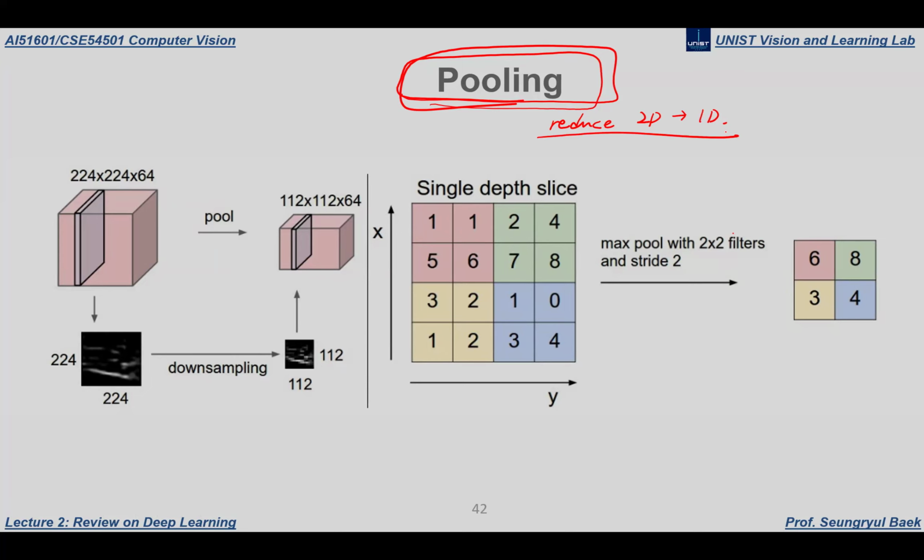Okay, so CNNs use two-dimensional images as input, but using a CNN, we eventually have to map them into a one-dimensional vector that denotes the probability for n classes. So inherently in CNNs, we want to reduce the dimension of the 2D signals.